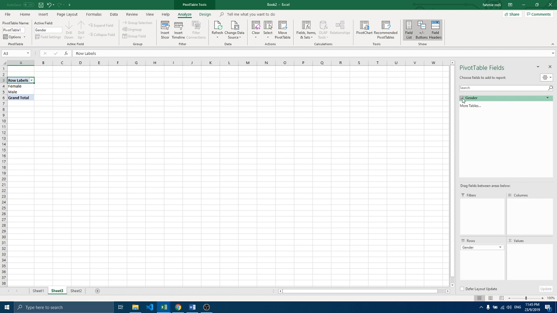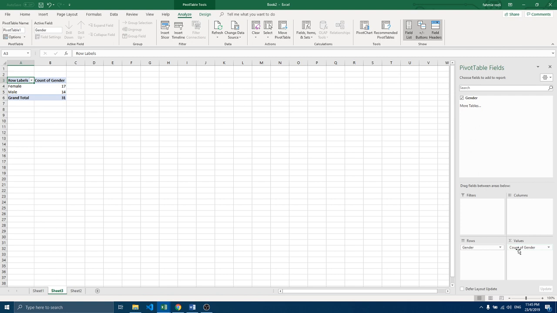So now you have two options, female and male. If you are given 3 options, then you're going to have 3 options, maybe female, male, or prefer not to say, and this gender moves to these values. Okay, so I have 17 female responses and 14 male responses, so total I have 31.